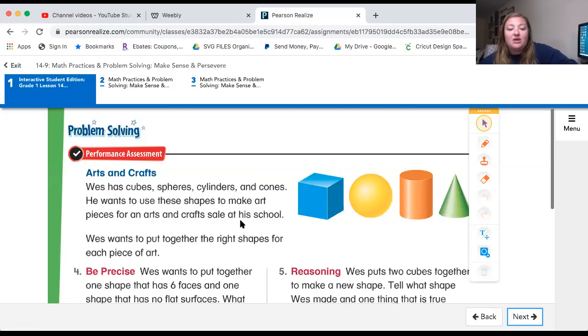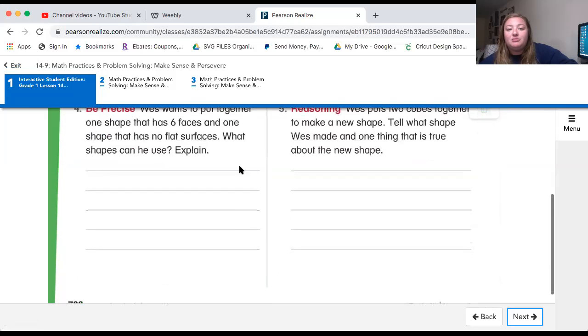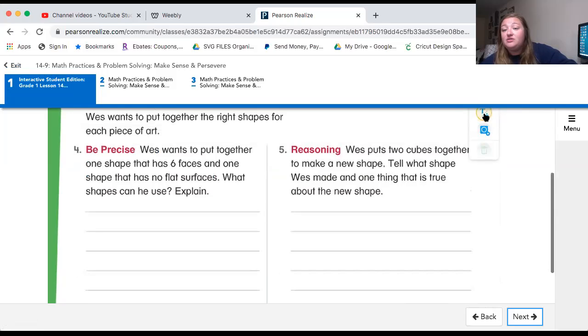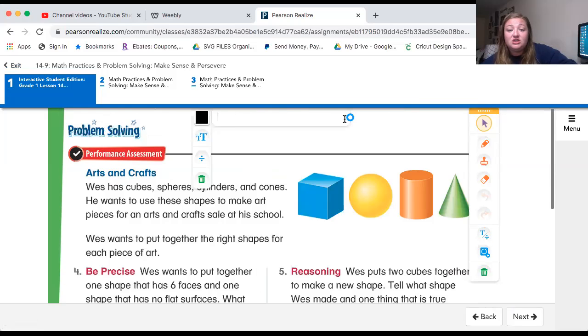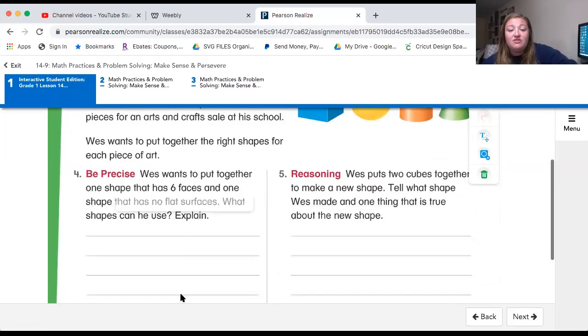And real quick down at the bottom on numbers 4 and 5, if you want to use this text box feature, it pulls up a text box and you can drag it down. If you want to use that, so you don't have to worry about writing on this screen, because I know that's really hard, you can type your answer in the text box and have your parents help you do that. Okay, so that's all I've got.